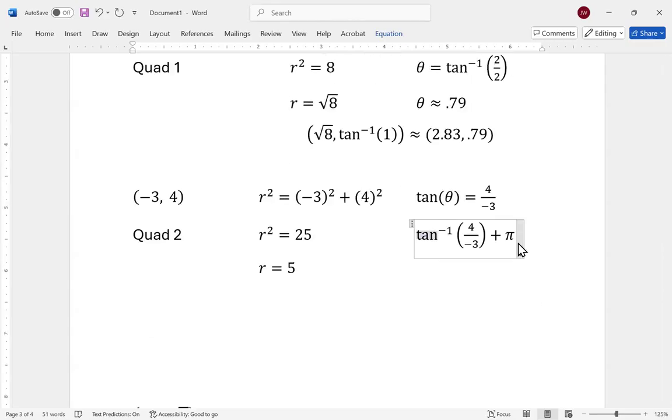So that's what I do. Since we're in quadrant 2, in order to get my theta, I take the inverse tangent and then I add pi to that. And so we are going to be at the point 5 comma, the r value is 5, and then theta is inverse tangent of 4 over -3 plus pi.